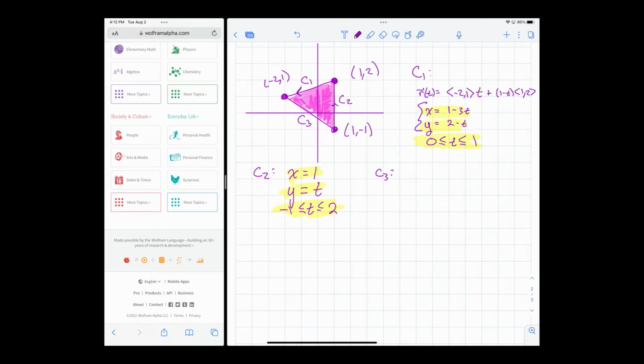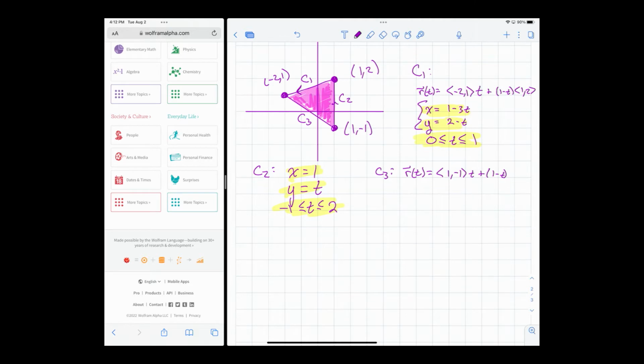So what we would do is similar to what we did up here. I can say that it would be 1 times t plus 1 minus t times the other point, which is -2, 1, like so.